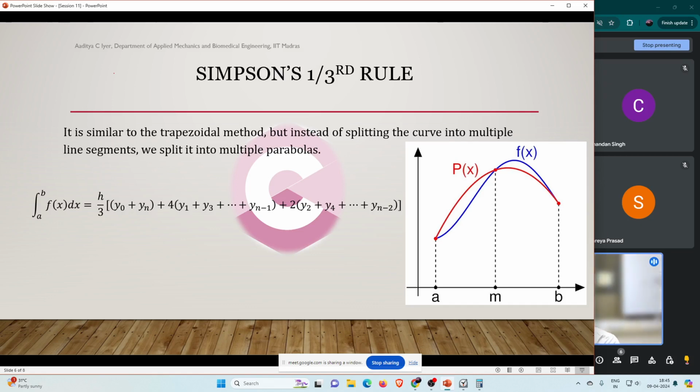This is the gist of the technique. Like I said, the more complex the curve is, the better result we get. If I want straight lines to give me an accurate answer, then I'll need many segments.